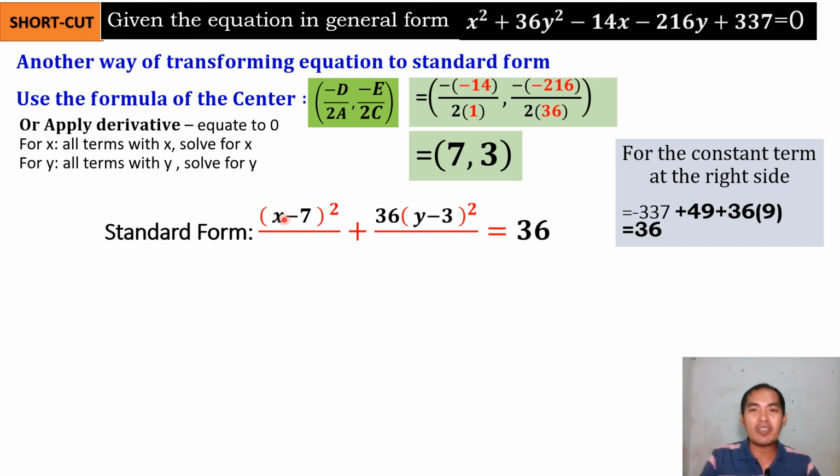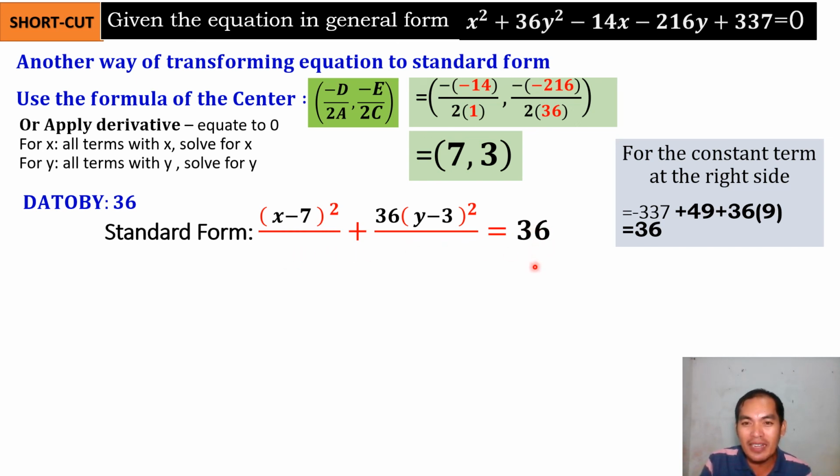Then, itong square of a binomial, ganun na po. So, just get the square root. So, x, then itong minus, the opposite of 7 is negative 7. Then, y, the opposite of 3 is negative 3. Then, square it. Ang next step is to divide. Kung ano yung nasa right side, which is 36, yun ang i-divide sa lahat ng terms.